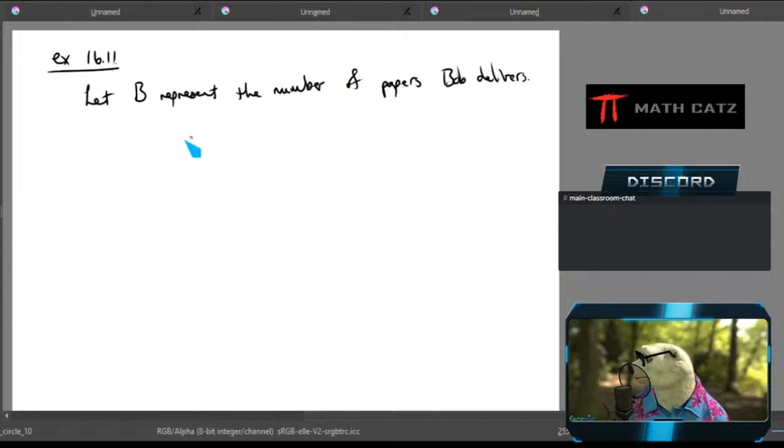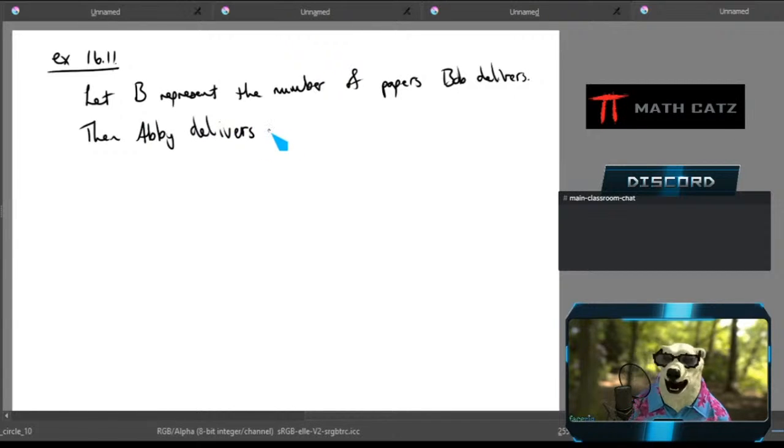Okay, full sentence here. Then, can we represent the number of papers the other people deliver using this B? Again, I don't have to, but it's much more convenient if I minimize the number of different variables I have to work with. So Abby delivers 3 times as many as Bob, so 3B papers.